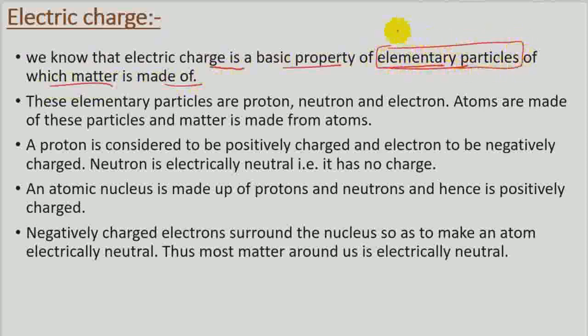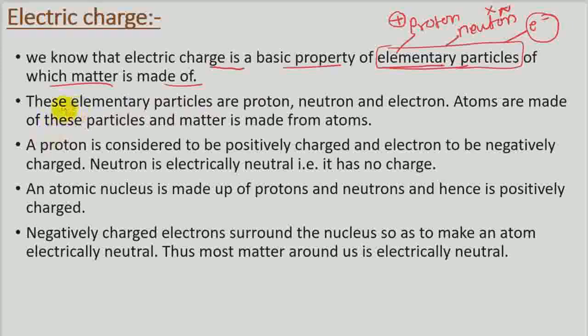First one is proton, second one is neutron, third one is electron. Proton has positive polarity. Neutron is an uncharged particle, chargeless. Electron has negative polarity. These particles are called elementary particles.